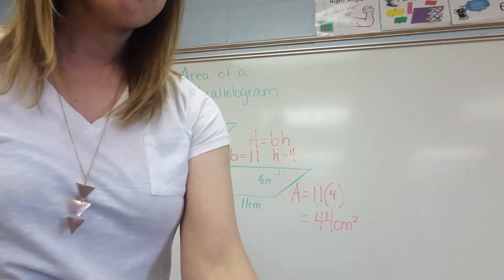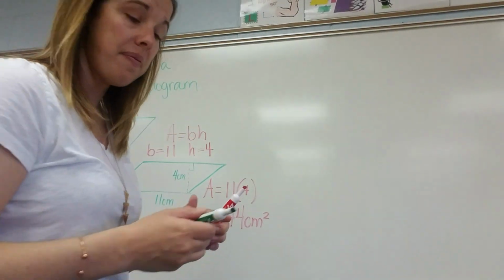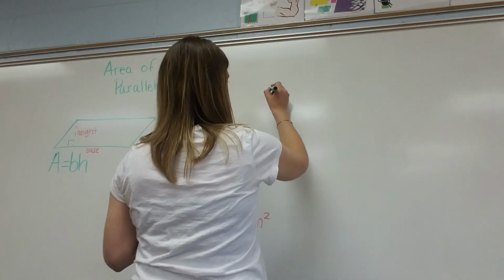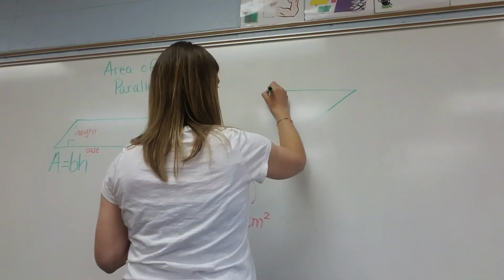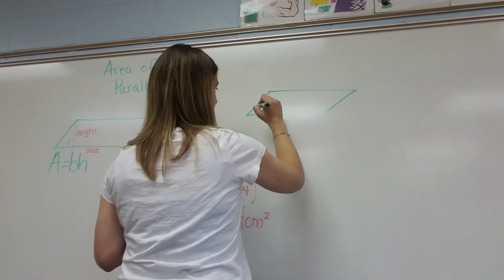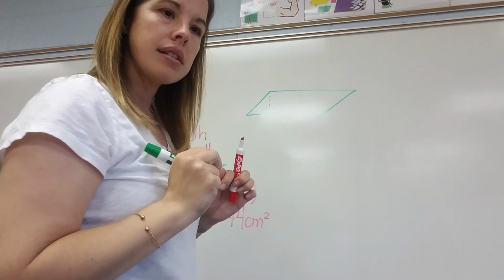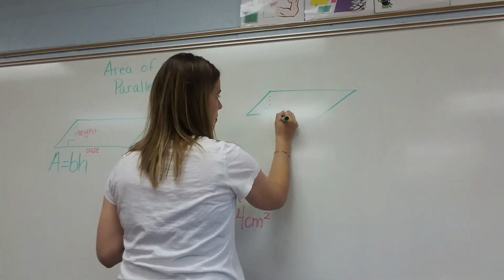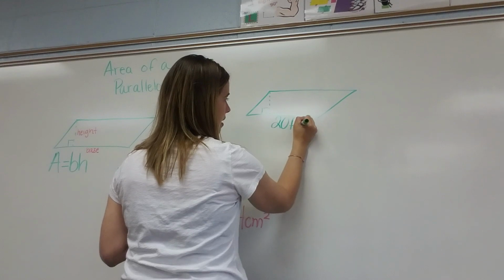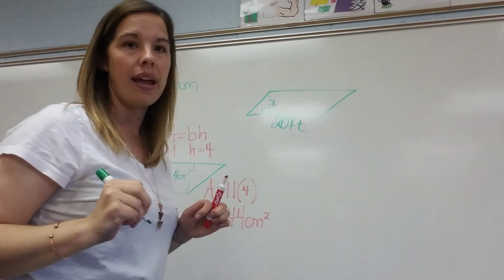I'm going to do one more example with you where you're going to have to use some problem solving, okay? So let me go ahead and draw our parallelogram. Draw my height then here. So we have our parallelogram, okay? And I'm going to tell you that the base is 20 feet, and I'm going to put an X for the height.